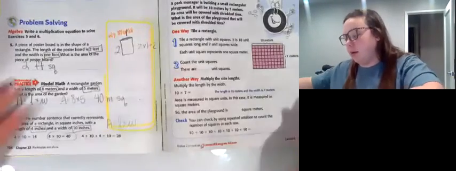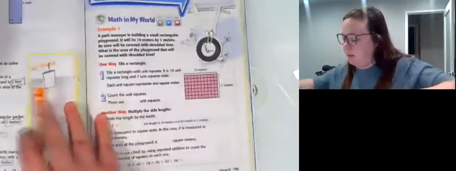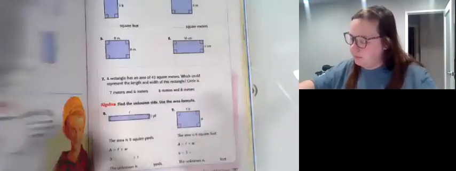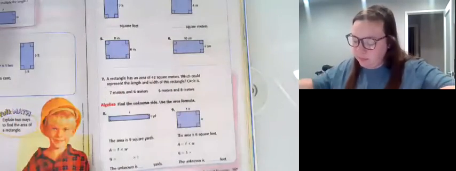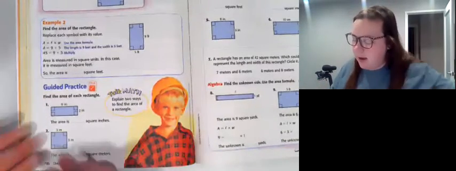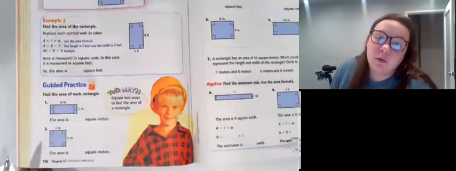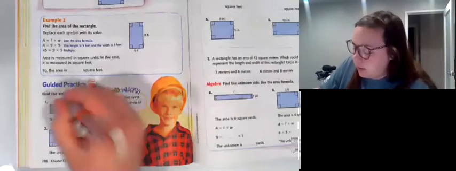All right, moving on to more practice of area of rectangles. So here on page 786, we have a 6 by 2, and here they do not want you to use the drawing in all of the lines.